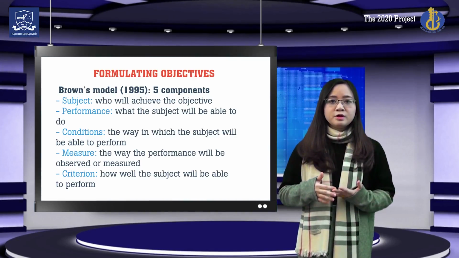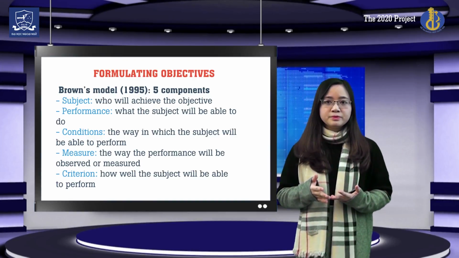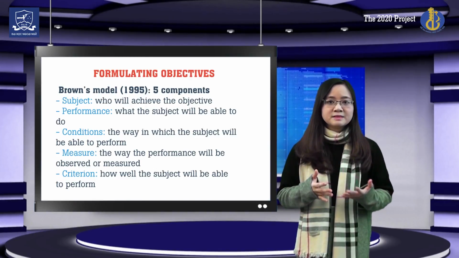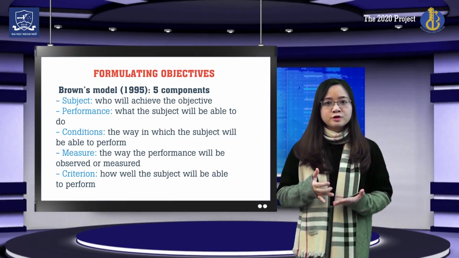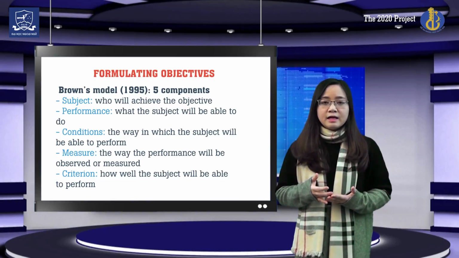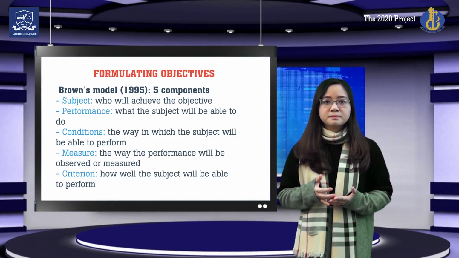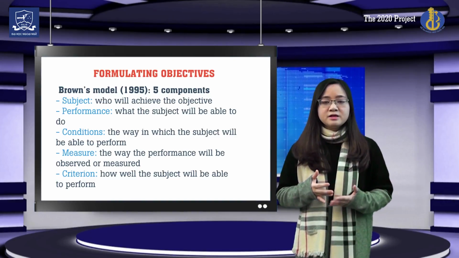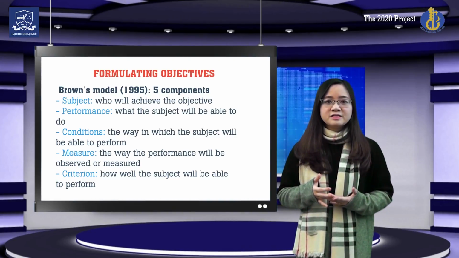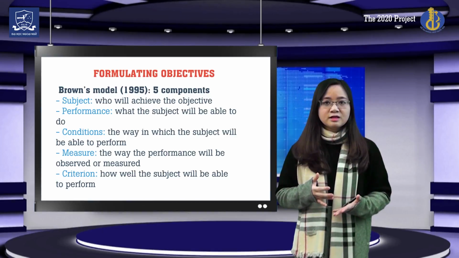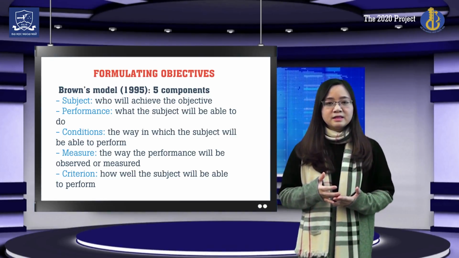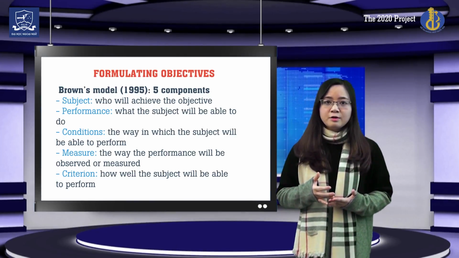Performance describes what the learner will be able to do. Condition describes the circumstances in which the learners are able to do something, and criterion the degree to which they are able to do something. To these 3 components, Brown in 1995 added the subject, who will be able to do something, and the measure, how the performance will be observed and tested.